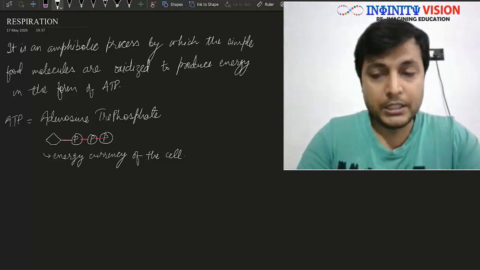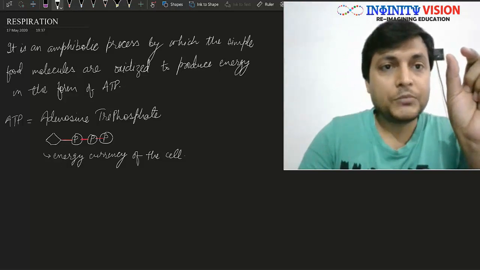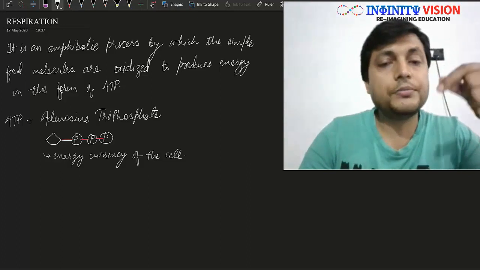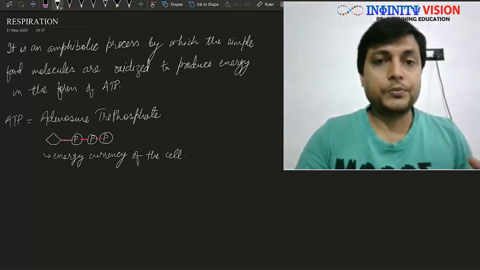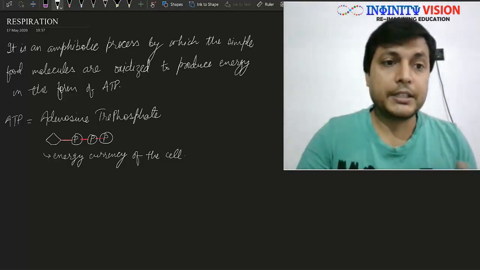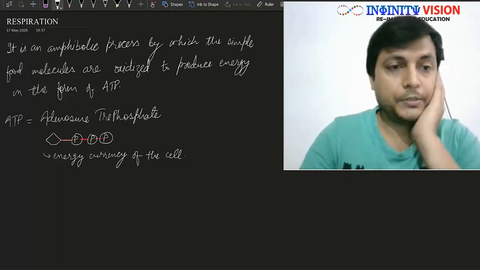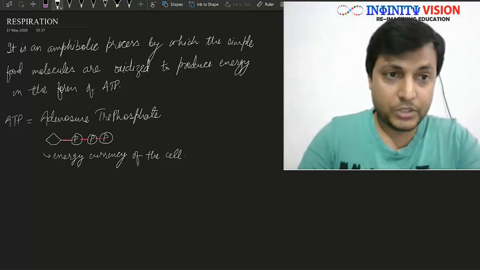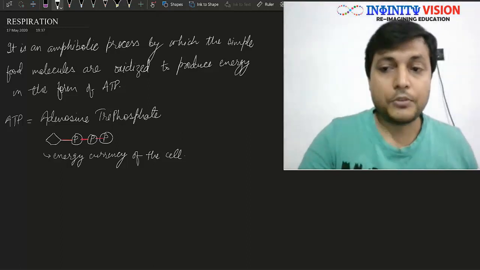Similarly, ATP is an energy rich compound inside your cell, and the cell can use one ATP to get things done of equivalent energy. Suppose a cell has to do work worth 100 units of energy, then it has to give 100 ATPs, considering every ATP has 1 unit of energy. Therefore we consider ATP as the energy currency of the cell, and this energy is present in these bonds between phosphates.